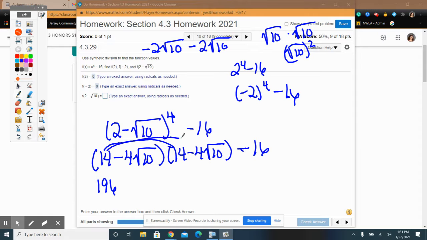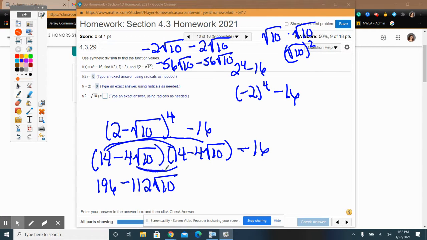What's 14 times minus 4 root 10? Well, what's 14 times negative 4? It's negative 56. So that is negative 56 square root of 10. What's the inside going to be? The same thing, negative 56 square root of 10. So negative 56 plus another negative 56 gives you a total of negative 112 square root of 10.